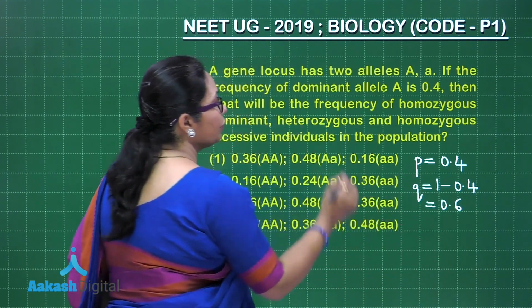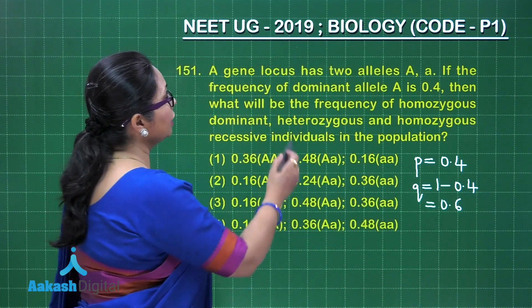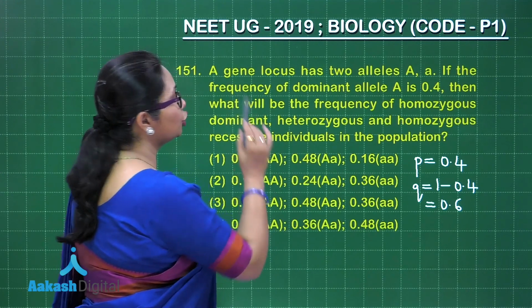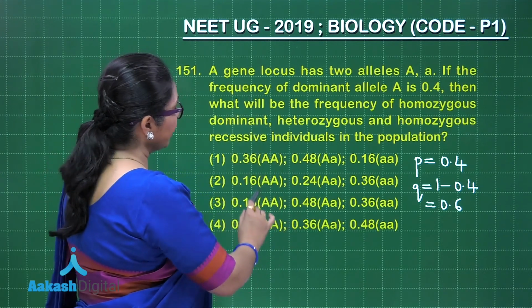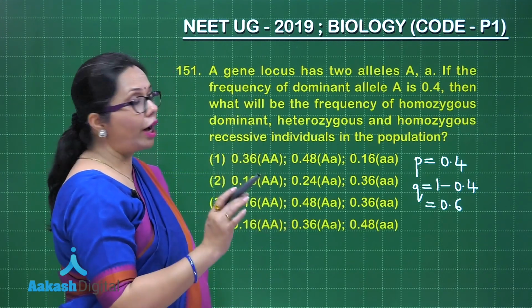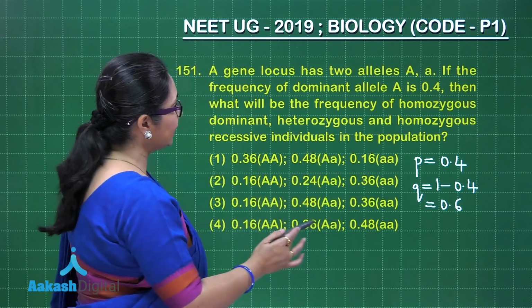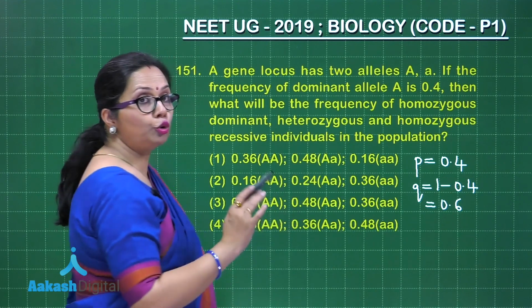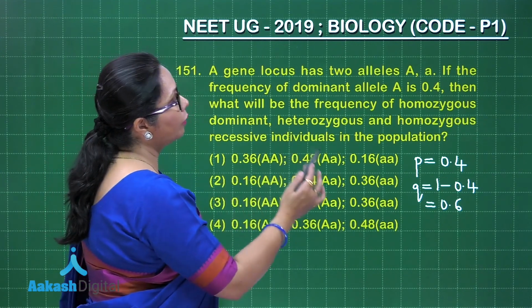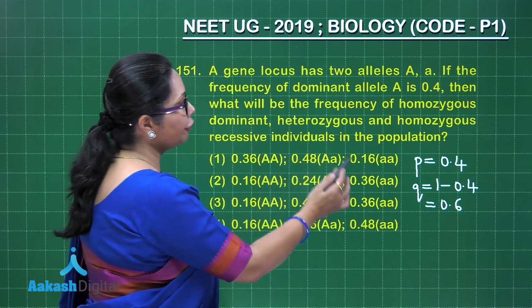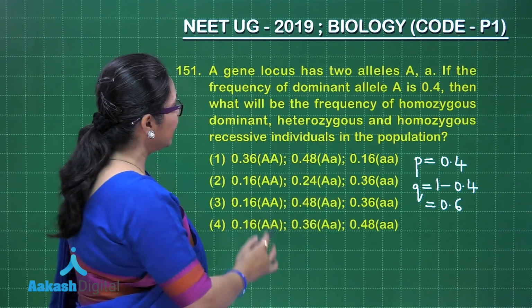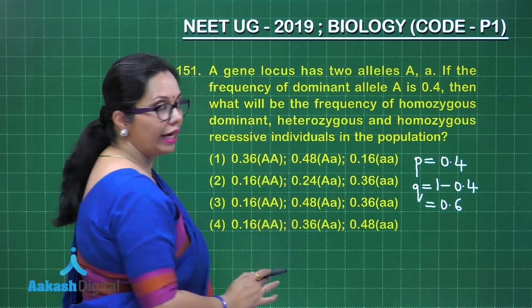Now we have both p and q with us, and for homozygous dominant, that is capital A, we require p square. So p square would be 0.16. Heterozygous would be 2pq, that is 2 multiplied by 0.4 and 0.6, that will give us 0.48.